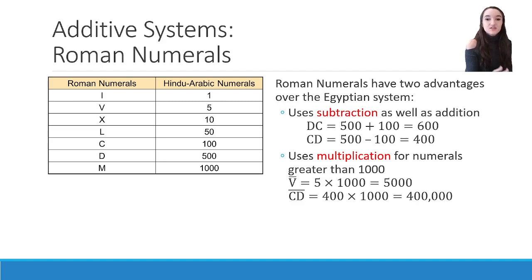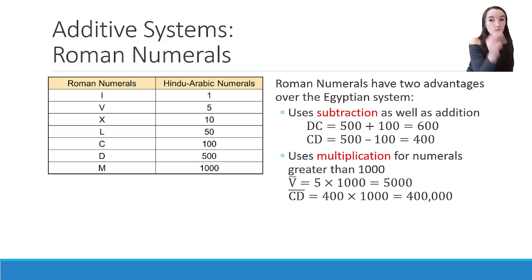First advantage is that it uses subtraction as well as addition. So, if we have, going by this chart, DC, thinking about it in the way that we think about the additive systems, the way we did the Egyptian, DC is 500 plus 100, so that's 600.